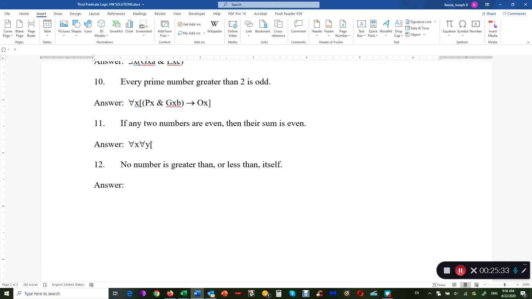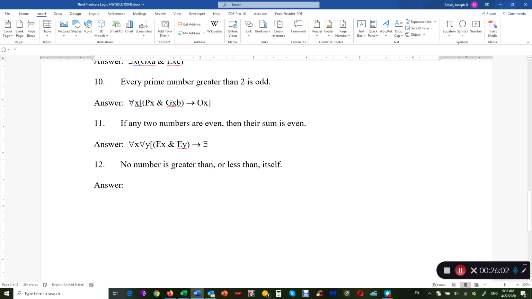So if even x and even y, so if x and y are even, then their sum is even. So then there exists a z such that z is their sum and z is even. You have to say their sum is even. And the way you refer to their sum is you're referring to the z that equals x plus y.